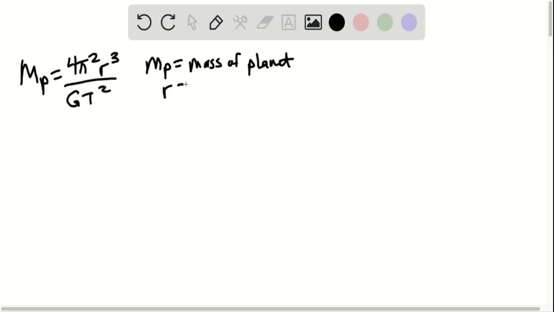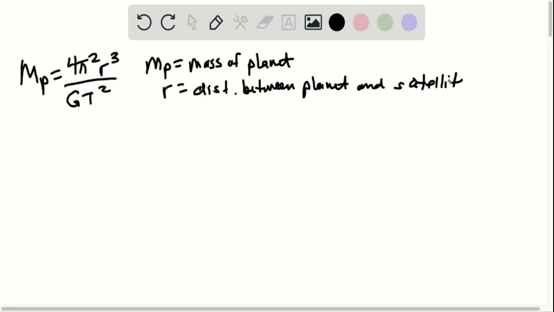R equals the distance between that planet and its satellite. G is a constant equal to 6.67 times 10 to the minus 11 Nm squared per kilogram squared. This is Newton meters squared per kilogram squared.